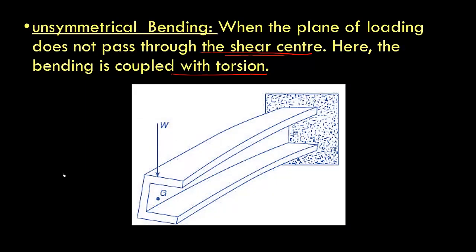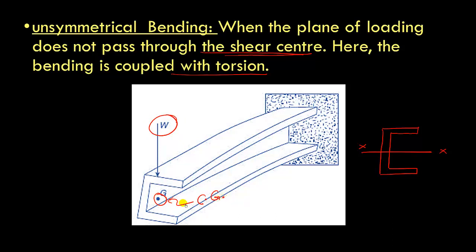So here I have a channel section. The channel section is symmetric about the x axis. So this is a symmetric axis. Now we are applying a load W, and this load is passing through the center of gravity of this section.